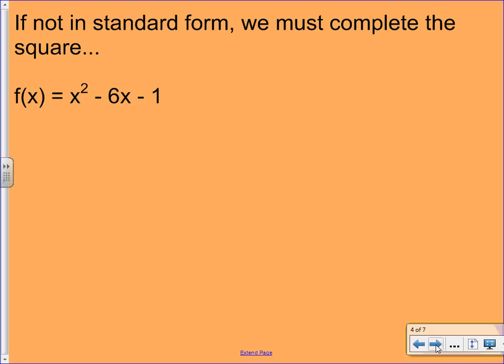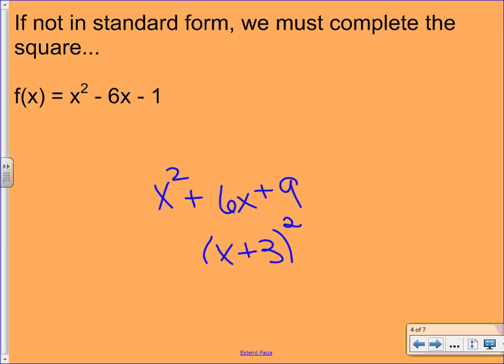Okay. So I want to talk about a couple things first. As a side note, x squared plus 6x plus 9. What does that factor to? x plus 3, the quantity squared, okay? So this is a perfect square trinomial that factors to the square of a binomial, okay?